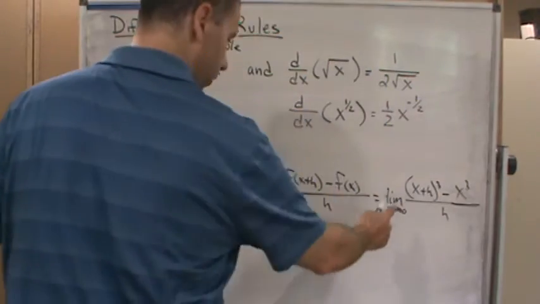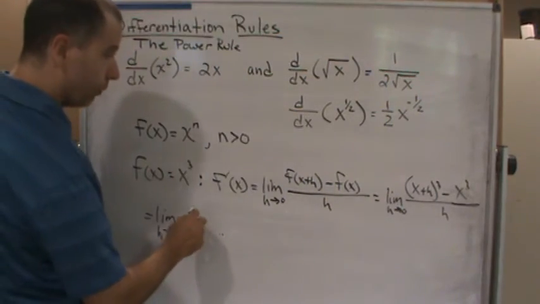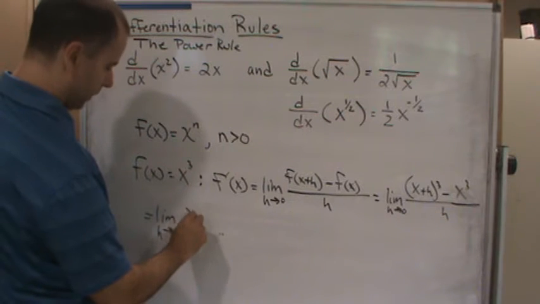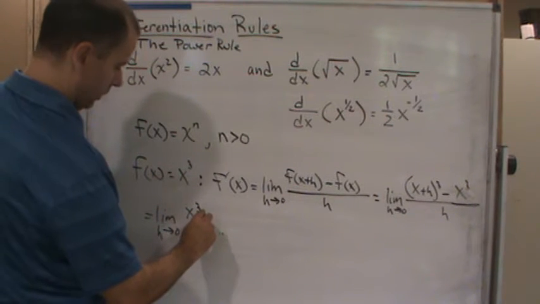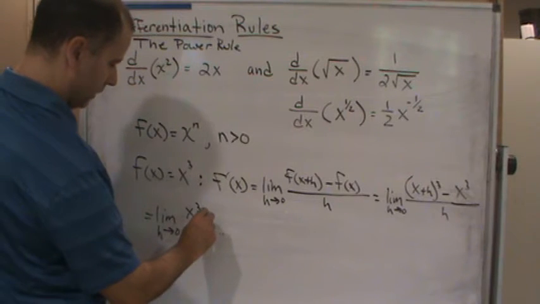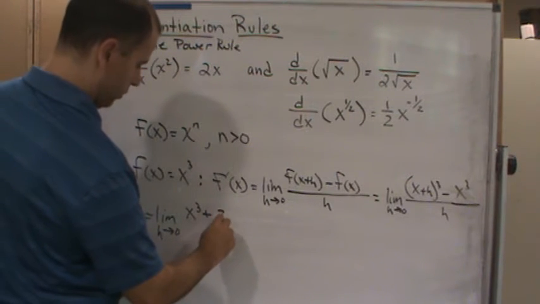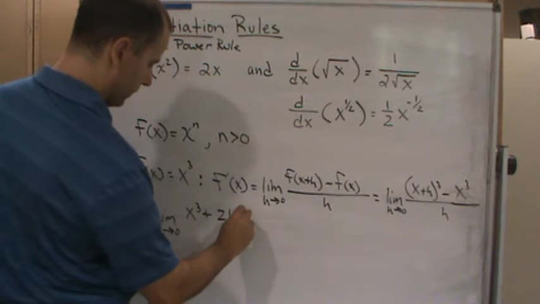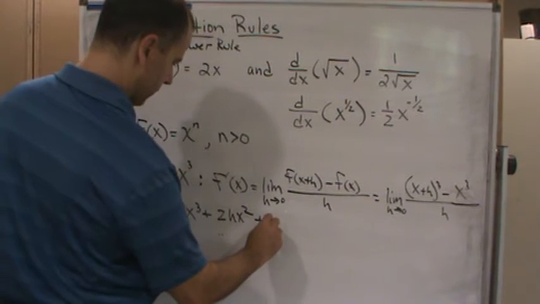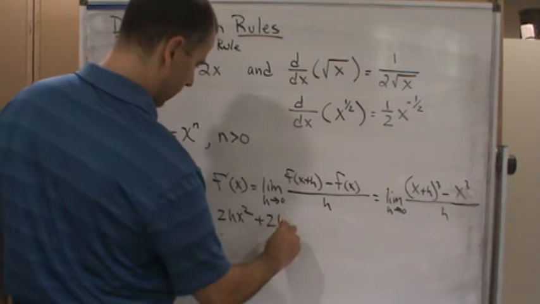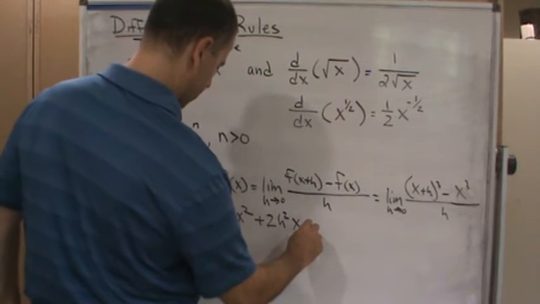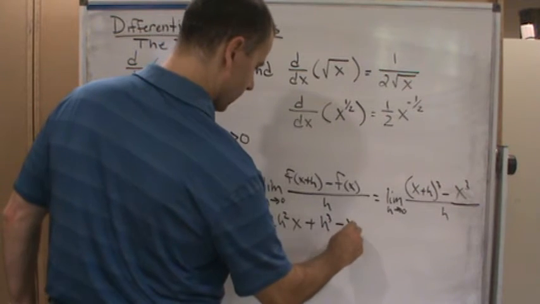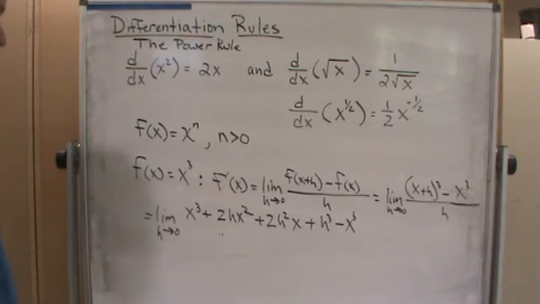So since this is a cube, remember how to do cubes. Again, this is going to be x cubed plus 3hx squared plus 3h squared x plus h cubed minus x cubed, right?